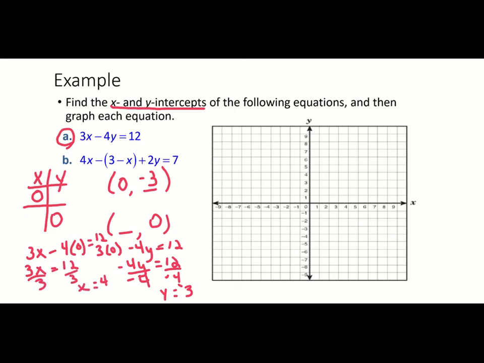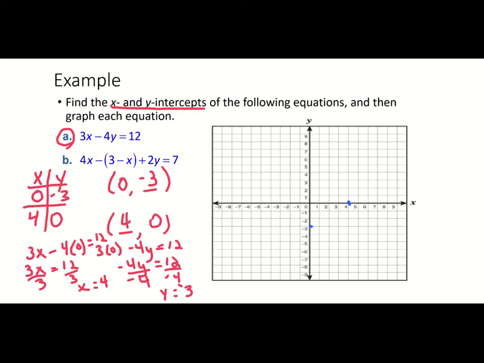So my x-intercept is (4, 0), my y-intercept is (0, -3). So when I graph it using those points, I'm going to plot those 2 points. So (0, -3) would be right here. And then (4, 0) would be right here.